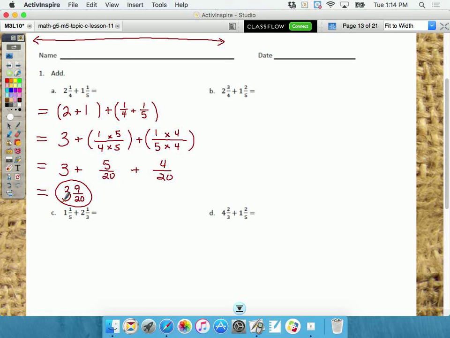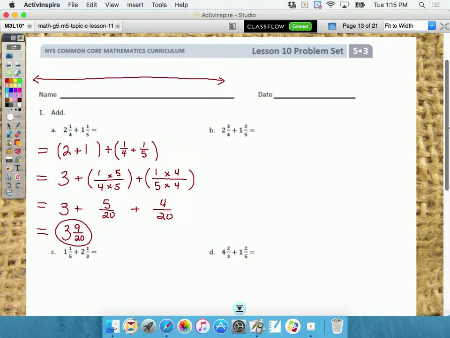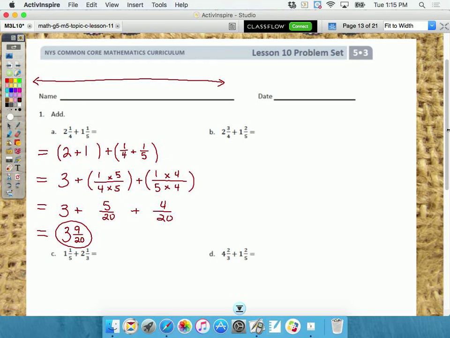Now, let's look at the number line. What's the largest whole number I will put on my number line? 4. I'll look at this 3. Don't accidentally look at the 20, because that's going to get you all mixed up. Look at the 3 and add 1 to it.